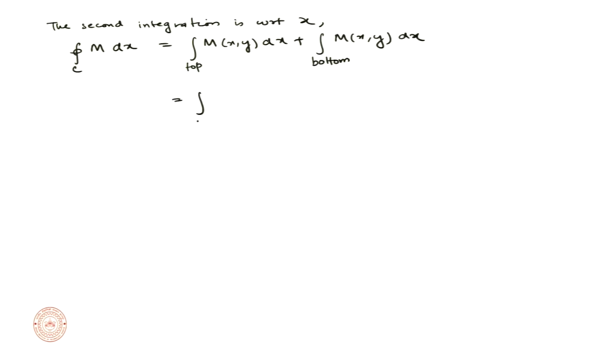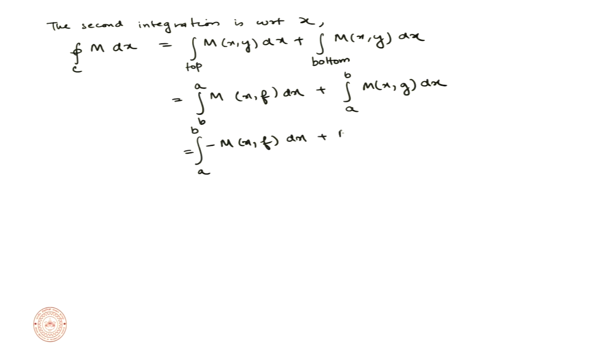Okay, so, the top one we will integrate from b to a, we are coming back. So, m of x comma f dx, the path is f. For the bottom, we are going from a to b. So, we will integrate from a to b m of x comma g dx. Okay. We can flip this sign, this will be minus, if integrated all from a to b, of m of x comma f dx plus m of x comma g dx.